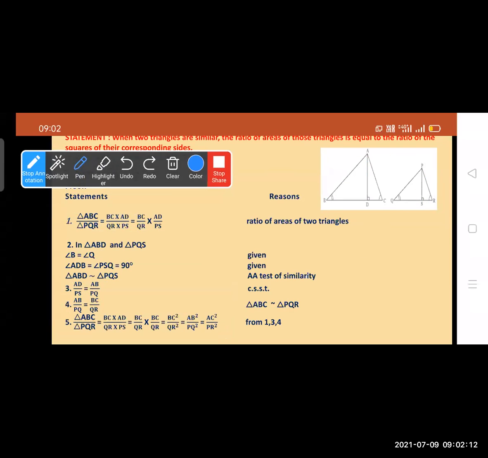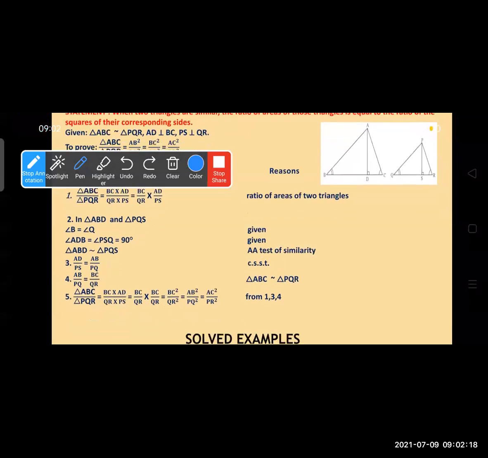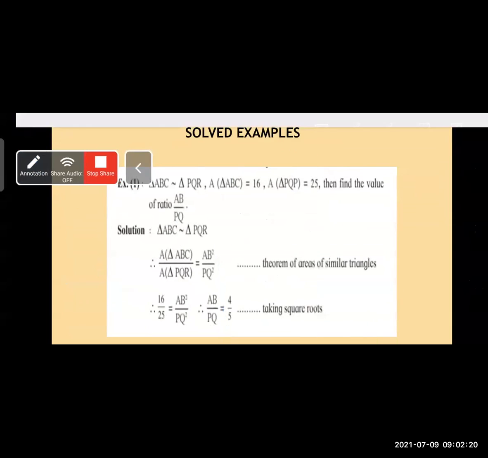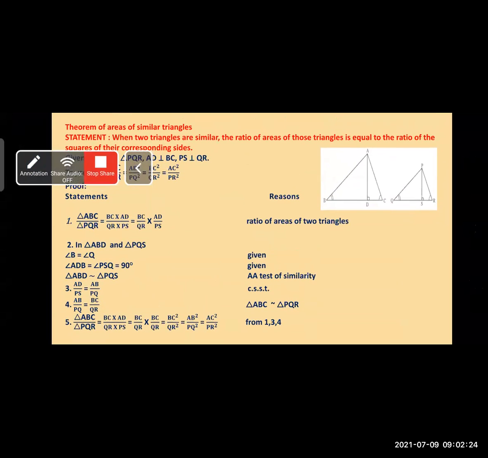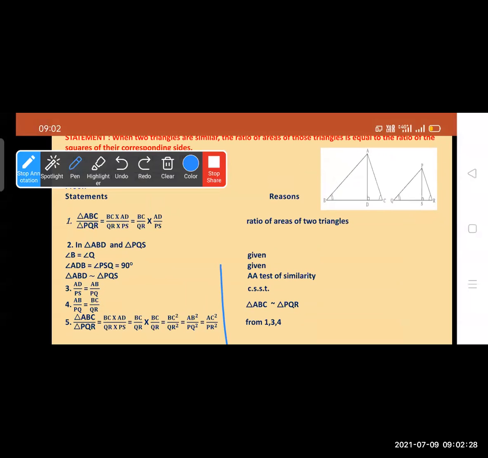Then we write triangle ABD similar to PQS. Okay, then we take their corresponding ratios. AD by PS is equal to AB by PQ.